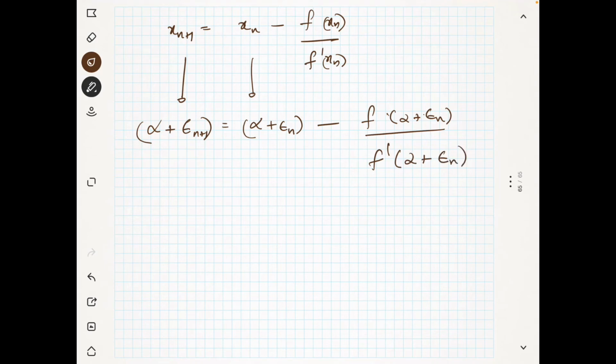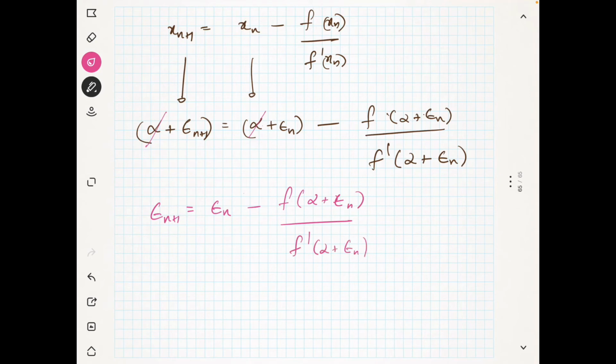I have made a mistake, yes, this is correct. Now I will simplify this by using the Taylor series expansion. Now you know that there is alpha on both sides, so I will cancel this alpha and this alpha. So I can write epsilon of n plus 1 is equal to epsilon of n minus f of alpha plus epsilon of n divided by f dash of alpha plus epsilon of n.